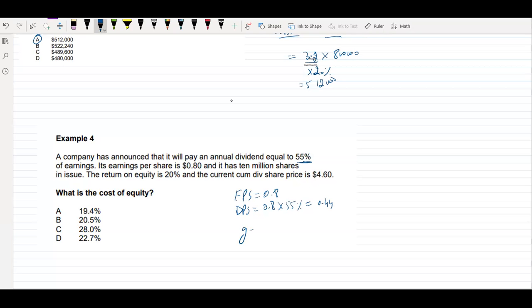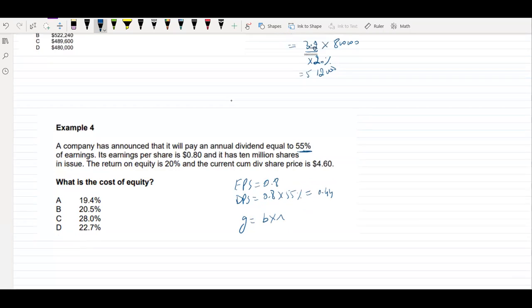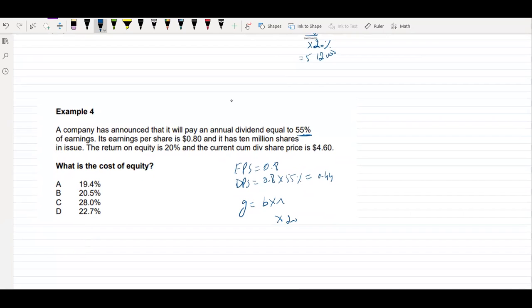So growth will be equal to b into r. r is 20% return on equity. What is b? Retention ratio. If company is paying 55% dividend, then how much will retention be? 45%. So calculate the growth. 9%.